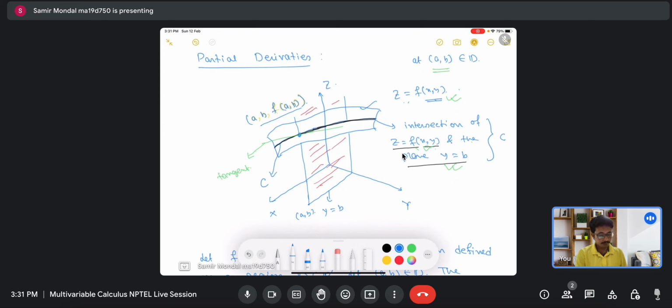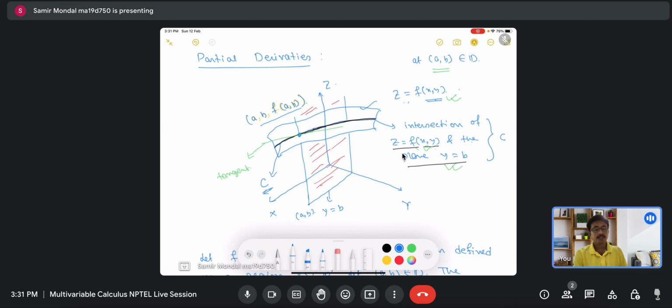Okay, so the intersection of the function f of x, y and the plane y equal to b gives us one curve C. This is your one curve. So we are looking for the partial derivative of the function f of x, y at the point (a, b) with respect to x.